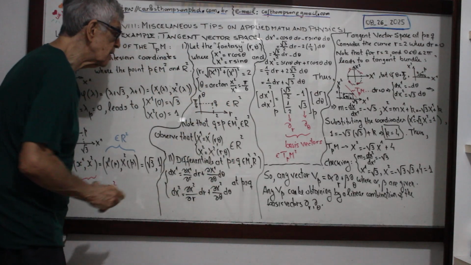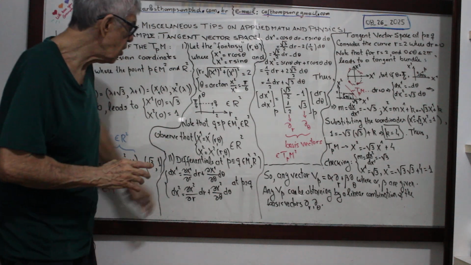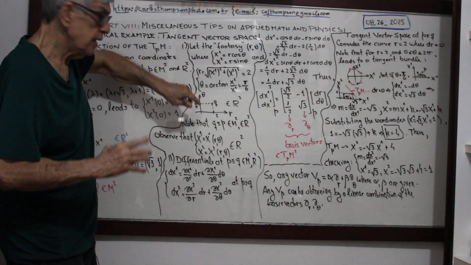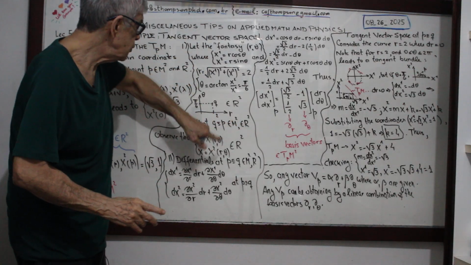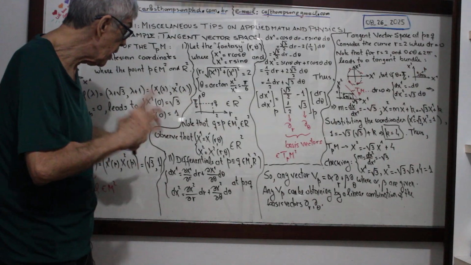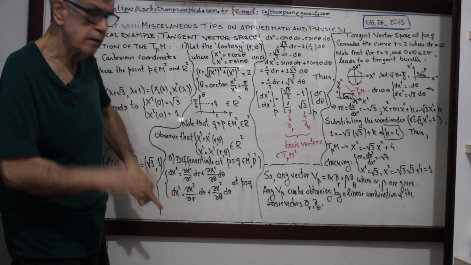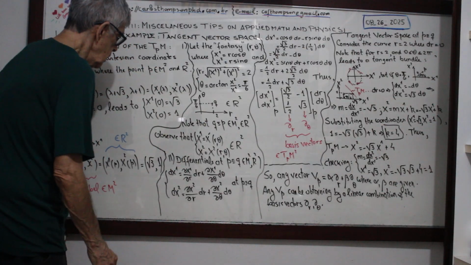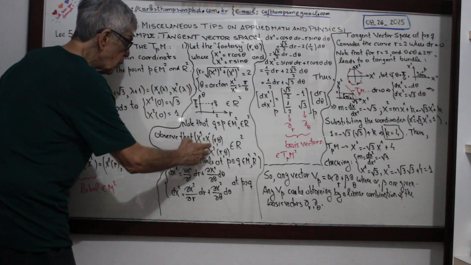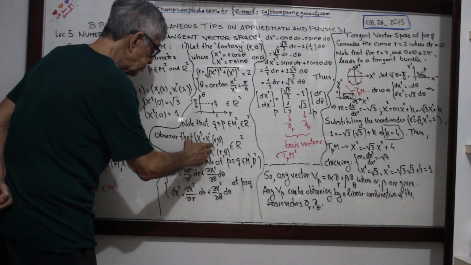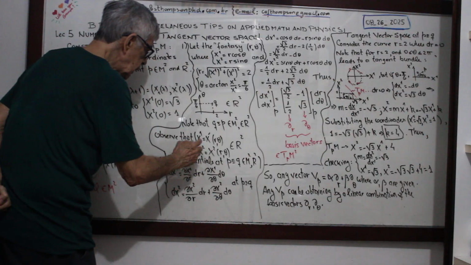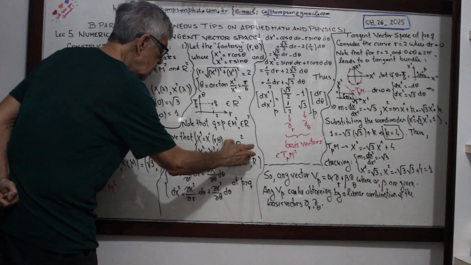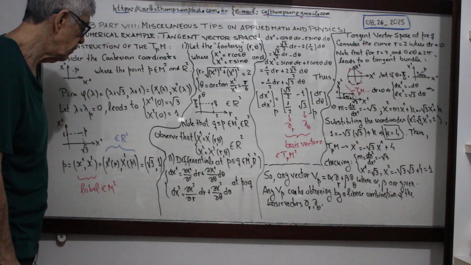It's a little bit different, because R2 for capital X1 and X2 is different from R2 using the fantasy, but they must represent the same point Q. Now observe that x1 depends on R and theta, and x2 also depends on R and theta. Both belong to the Cartesian coordinates R2.